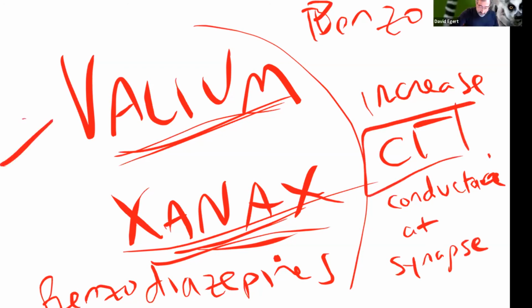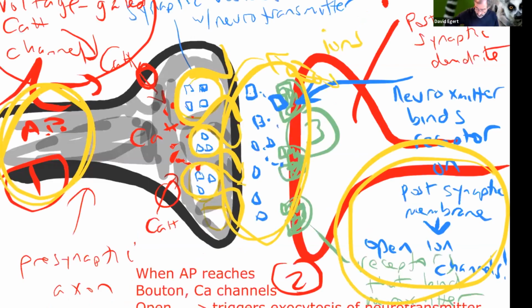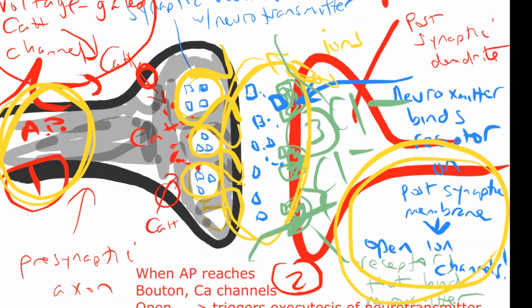So when you take these drugs, and we go back over here, you are going to be letting more chlorine in. What is that going to do to the postsynaptic voltage if you let more chlorine in there? Make it more negative.